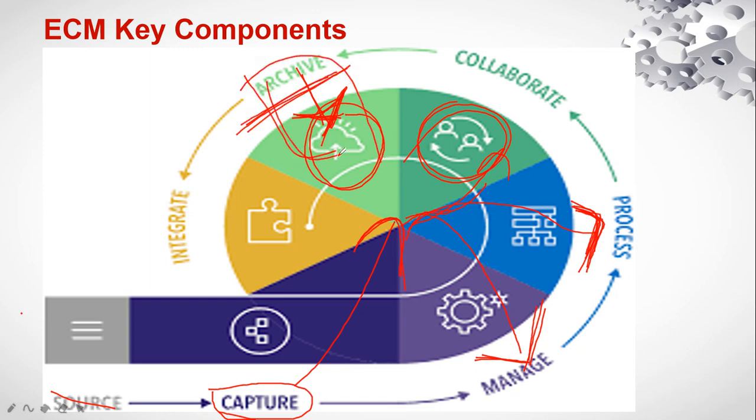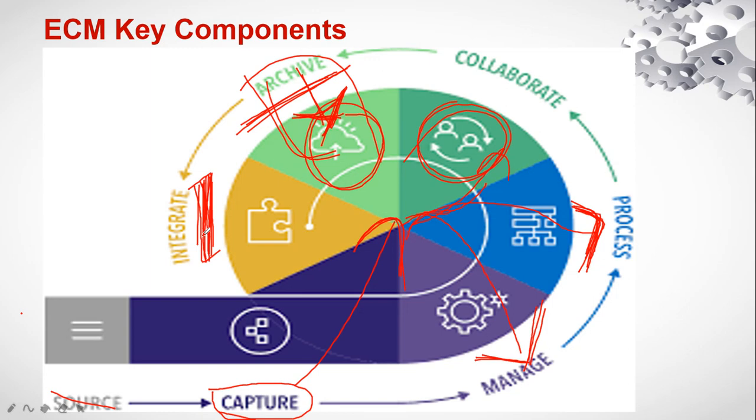Now the last one is integrate. The ECM platform does not work only inside itself. Sometimes you will have different third-party systems. For example, you have an SAP system to manage your ERP-related things, and you have some Oracle financial product to manage the financial things.